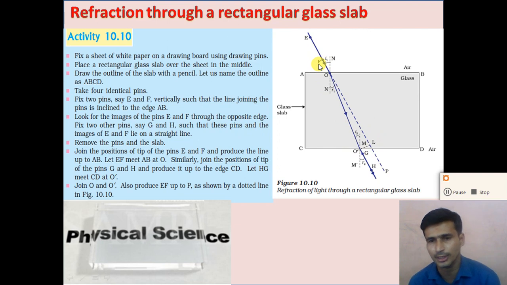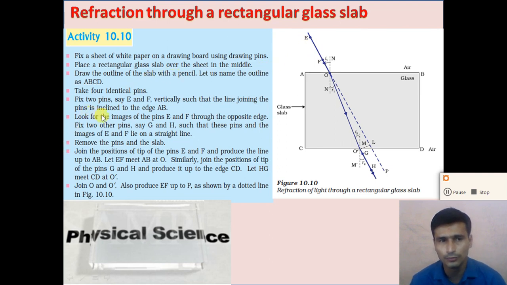So seen from the glass slab, obtain the image of the two pins E and F, right? As the rays of light from the pins travel through the glass slab, the rays of light are bent, right? Because we know that when the ray of light travels from one transparent medium to another transparent medium, the direction of the light changes, right?